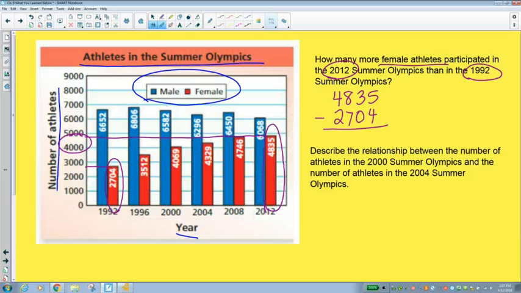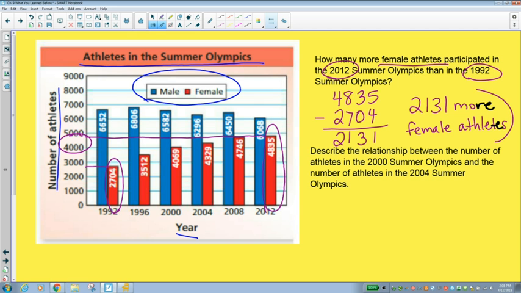So 5 minus 4 is 1, 3 minus 0 is 3, 8 minus 7 is 1, and 4 minus 2 is 2. So my answer is 2,131 more female athletes. Again, I still want to make sure that I'm labeling my answer.